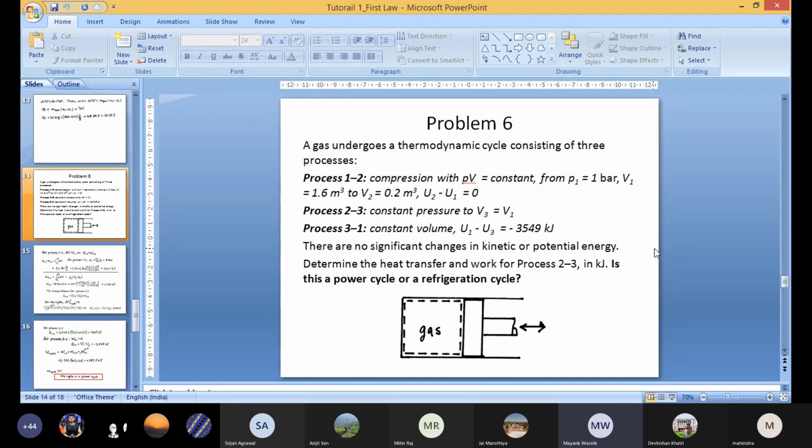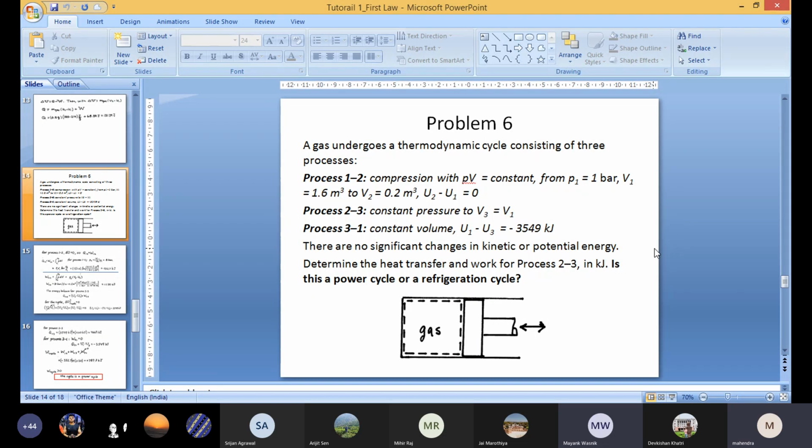Now, this problem has three processes. One is PV equal to constant, another is pressure equal to constant, and another process is volume equal to constant.